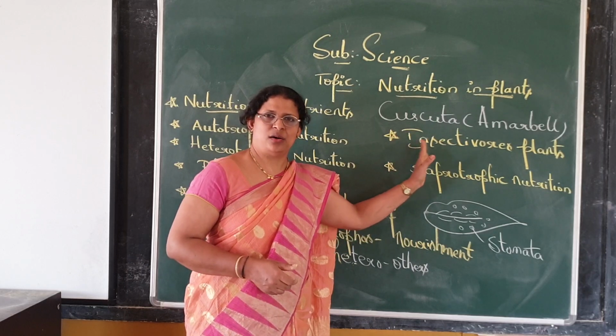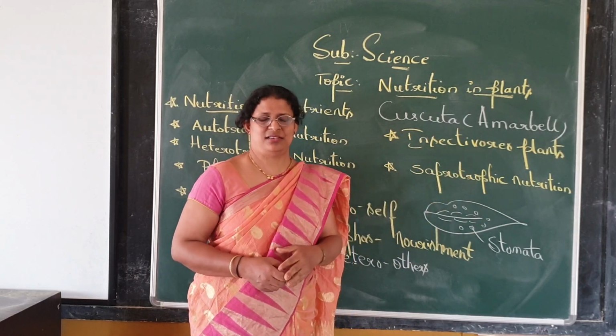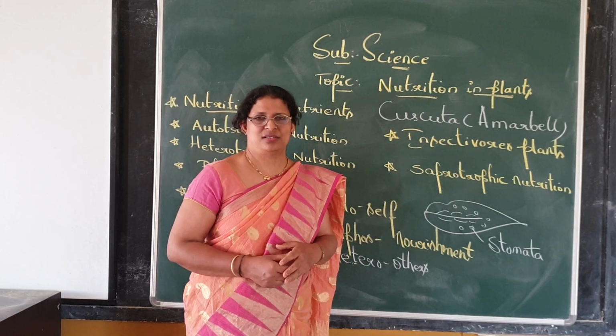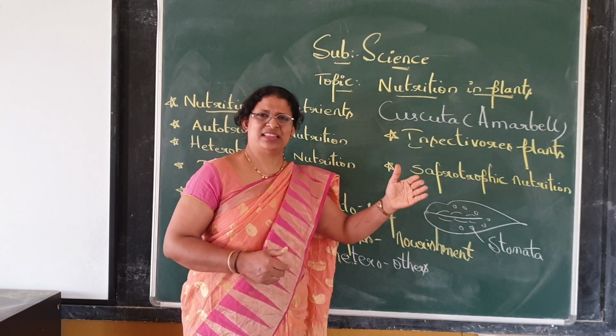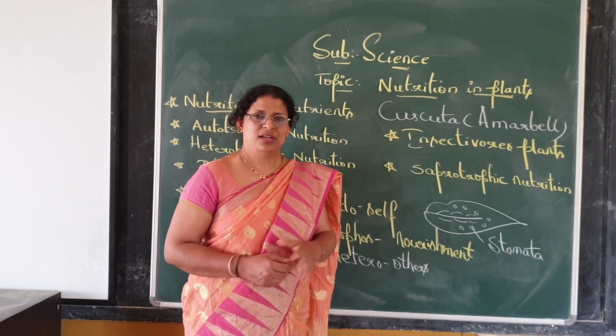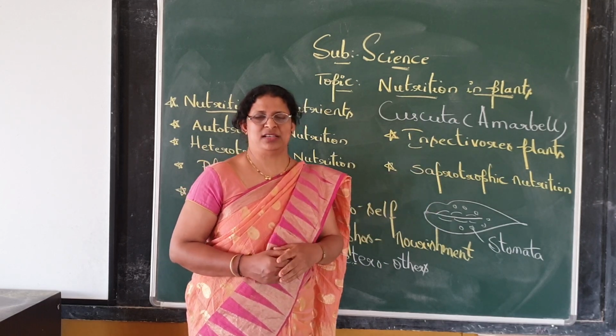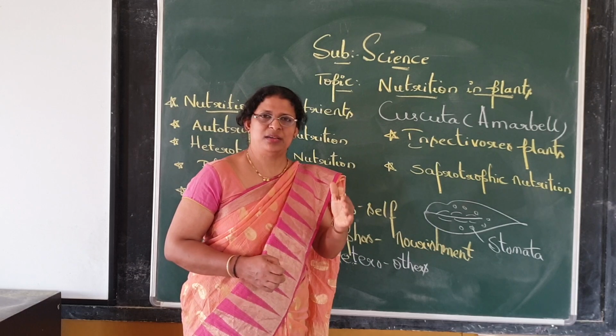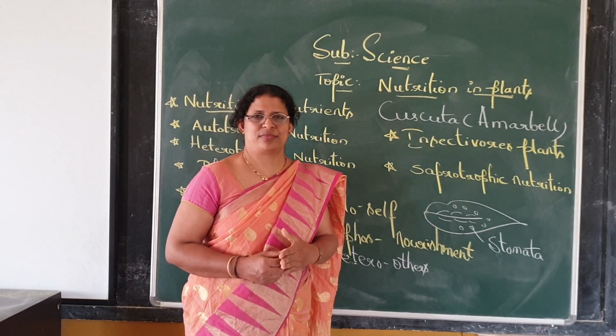This cuscuta, or amarberry, becomes a parasite on the other plant. You can see that cuscuta climbs on the other plant and gets the food from it. It is not able to synthesize its own food.